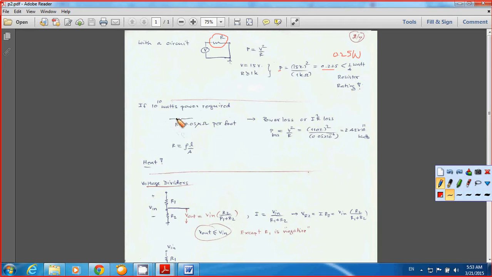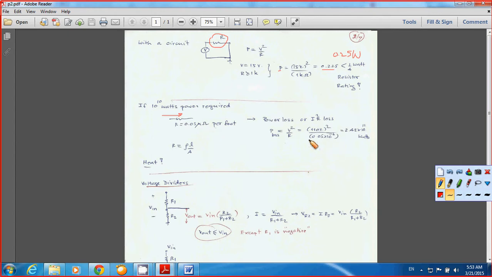Now take a look at sending power through an electric wire, where you can calculate the power loss. In this case, the source voltage is 110 volts, so the power loss is V squared over R, and R is 0.05 micro ohms per foot.